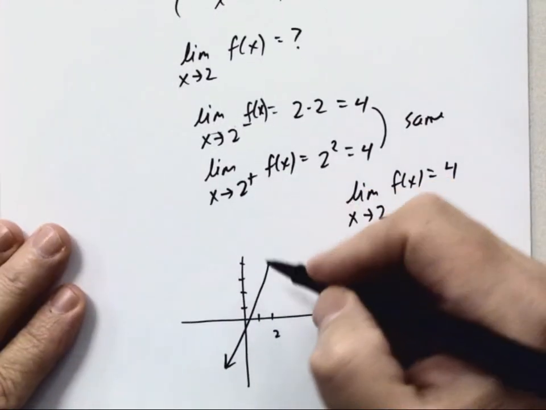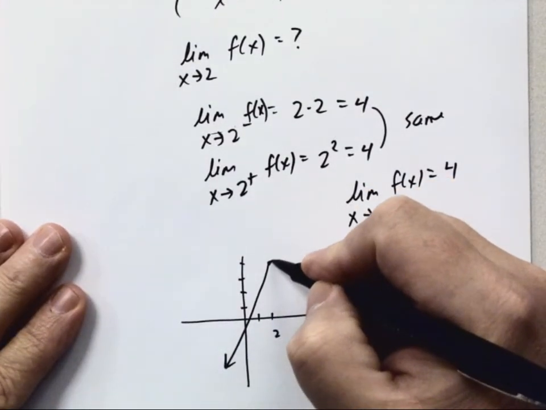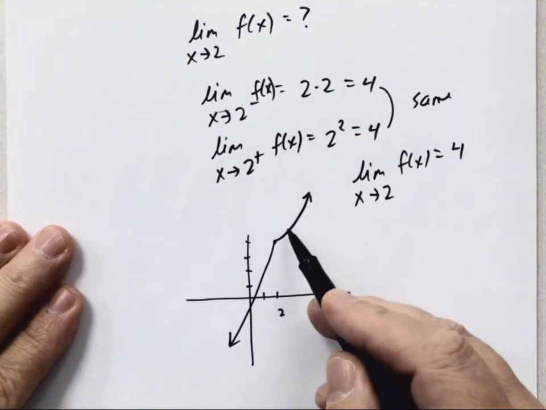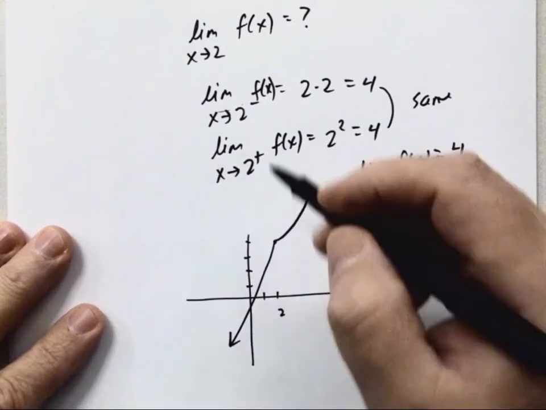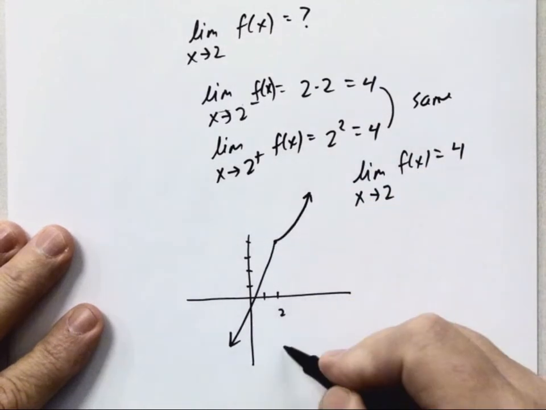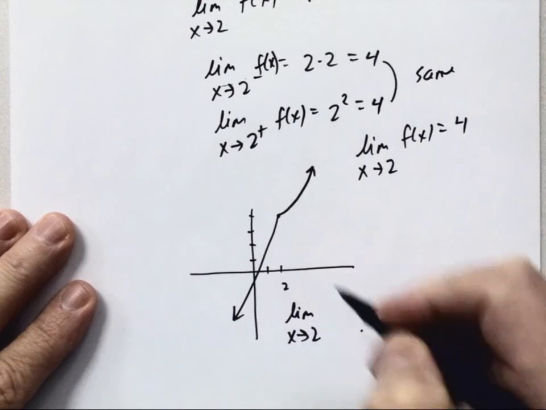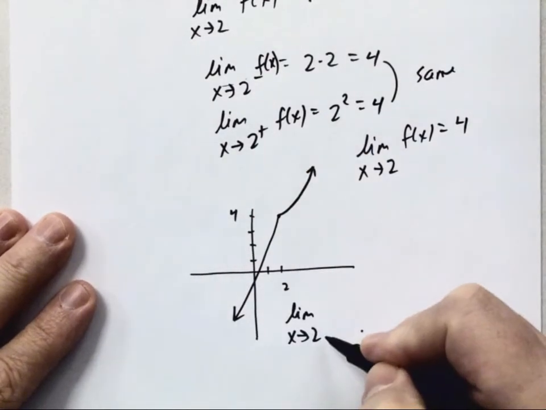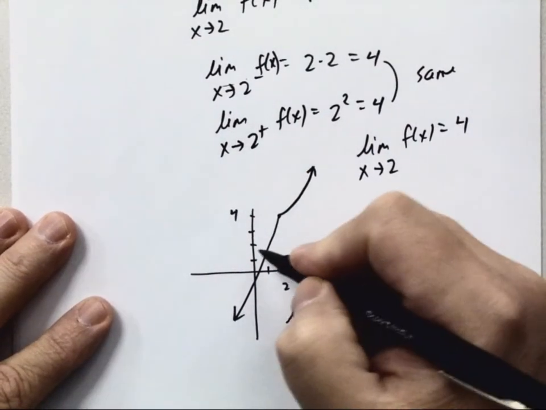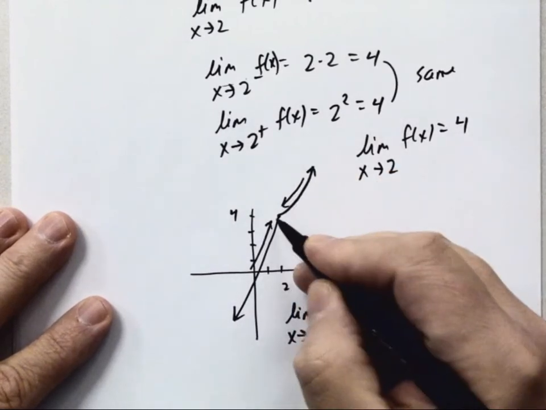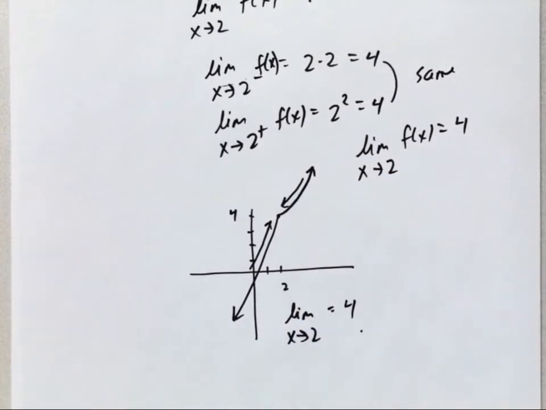Then the second function kicks in. So these are two different functions. They look different. But if I'm looking at the limit as x approaches 2, and I do it from the low side and the high side, you know what? They're approaching the same value.